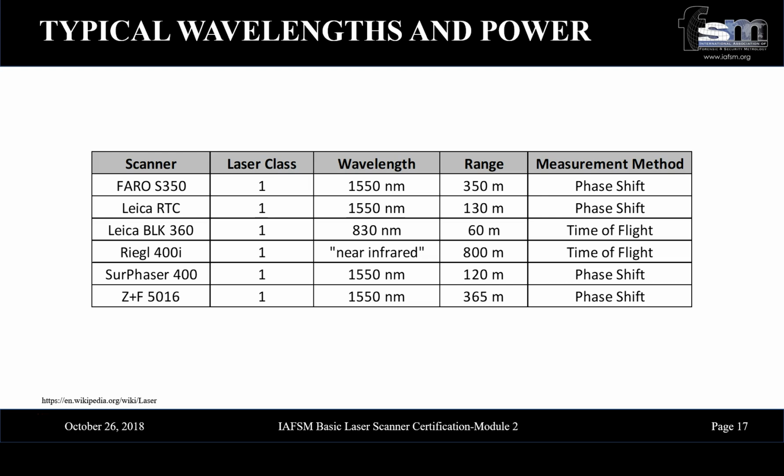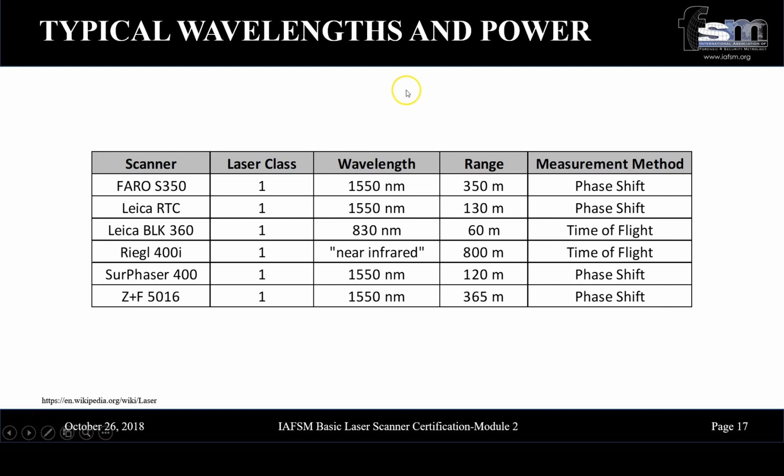But you'll see here that 1550 comes up in several cases. For one of them, on the Regal, I wasn't sure what the wavelength was exactly, but it says near infrared, so it's probably around the same range. And you'll see that the Leica BLK here is at about the 830 nanometer range, so it's a little bit lower, but nonetheless it's still a class 1 laser.